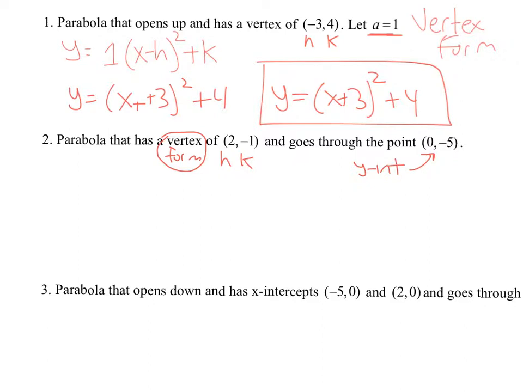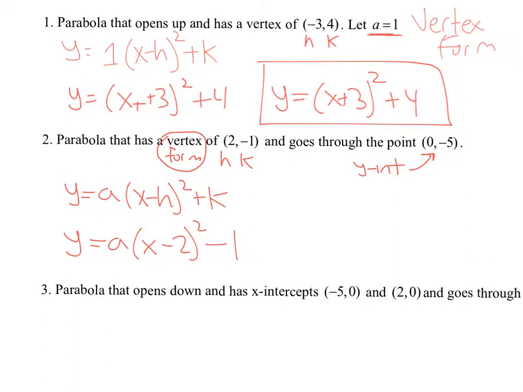But the parabola, so we start with vertex form. y equals a times x minus h squared plus k. Okay, I can't replace a with 1 this time because it didn't tell me that. So I have to leave the a. Well, I'll start by plugging in h and k. I have y equals a times x minus 2 squared, and then k would be plus -1.